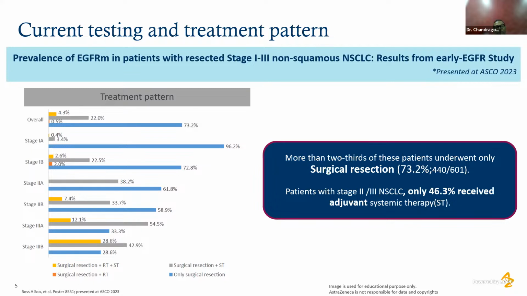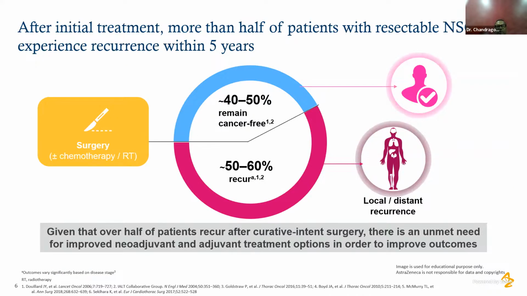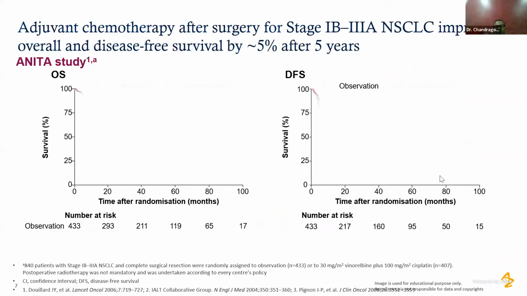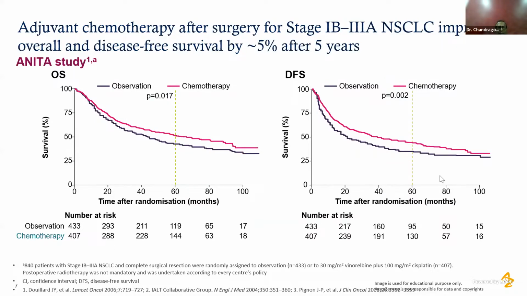From stage 1, 2 to 3, only 46.3% received adjuvant systemic treatment, only half. So what happens if the patient has been initially treated? More than half of the patients who have been resected have a recurrence within 5 years, either local or distant. That is an unmet need.